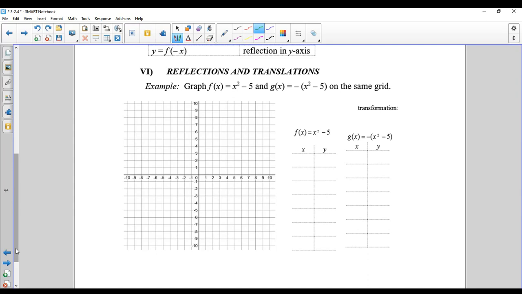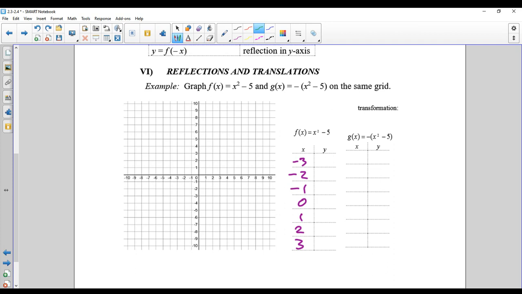Let's put some points in this graph for x squared minus 5. We'll just use regular x values here. We'll use x values of minus 3, minus 2, minus 1, 0, 1, 2, 3.